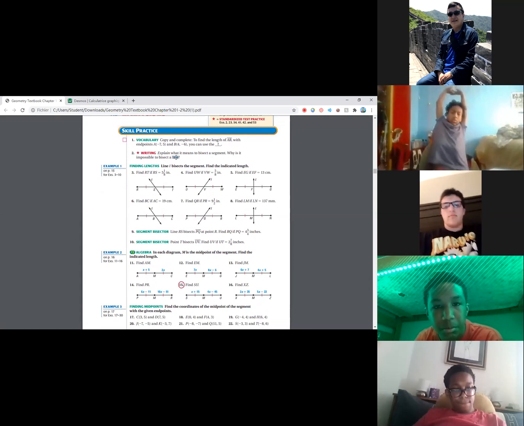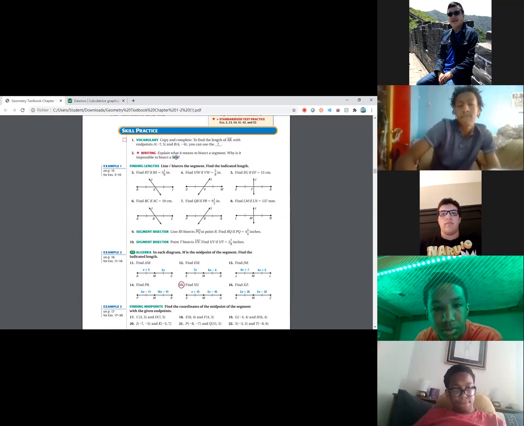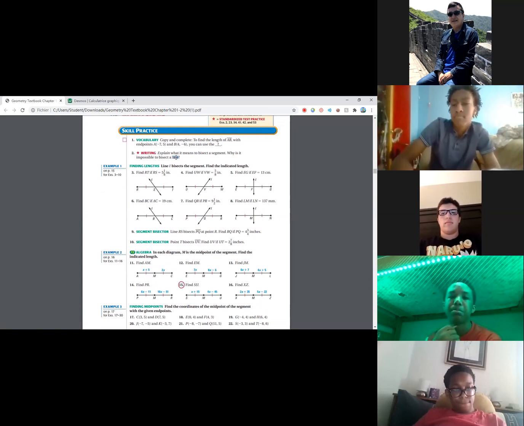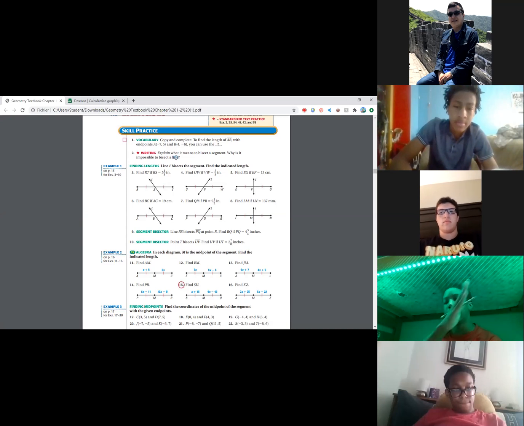Bisect a segment basically means... I've seen this for degrees, like if you have two lines, they bisect each other, like they make something out of 360 degrees. But I don't really know that question.